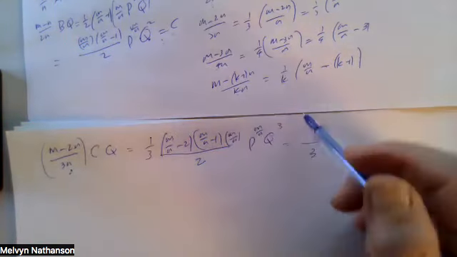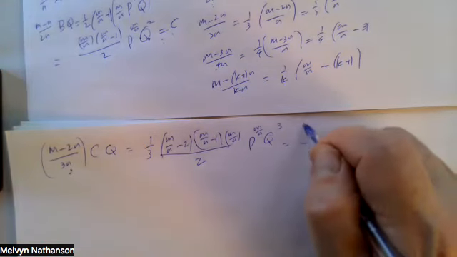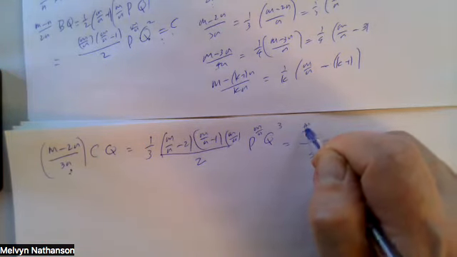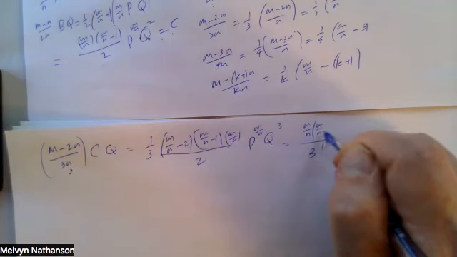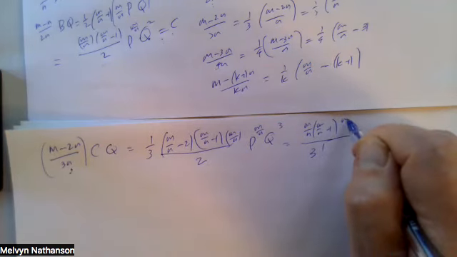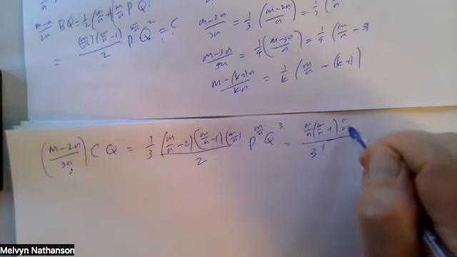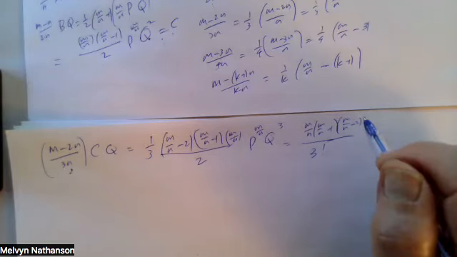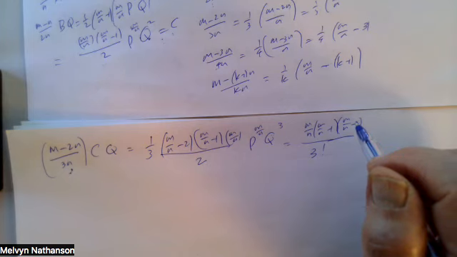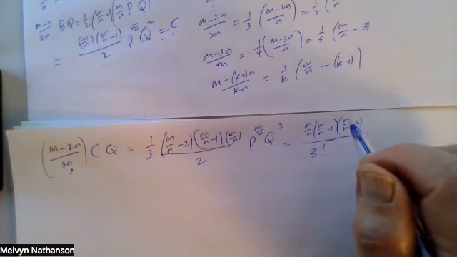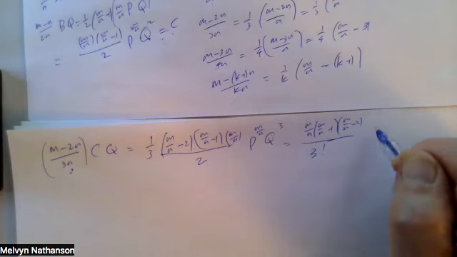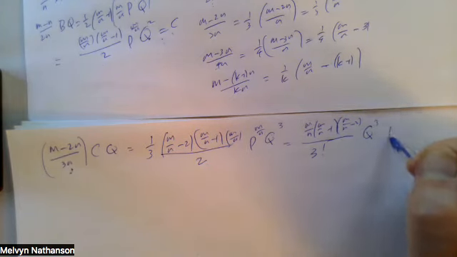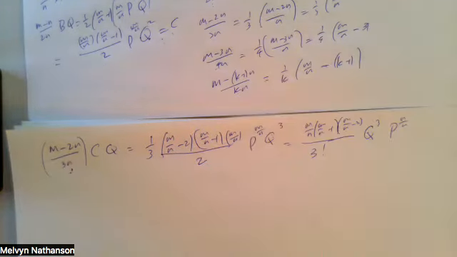1 times 2 times 3. And in the numerator, I have m over n, minus 1, m over n minus 2, q cubed, p to the m over n.